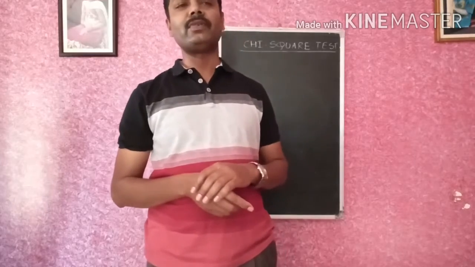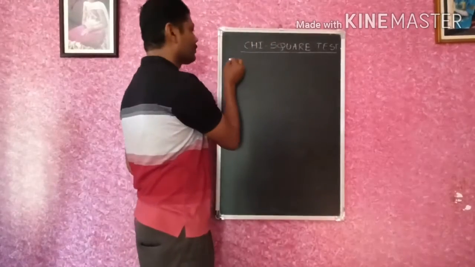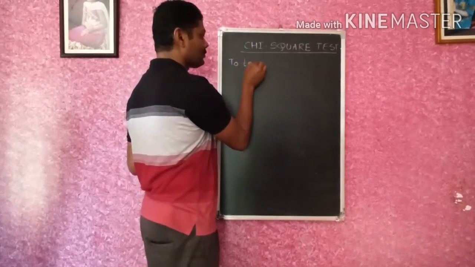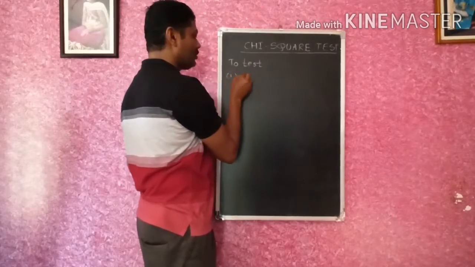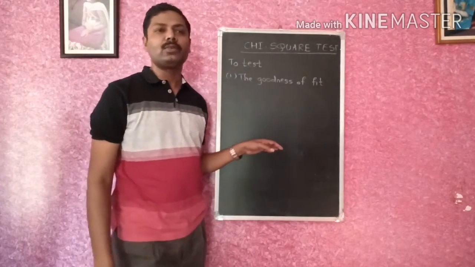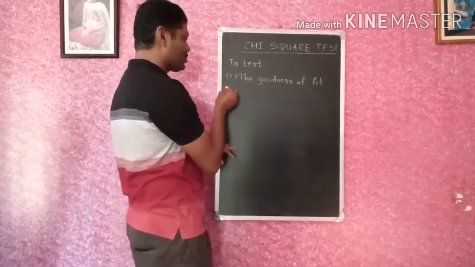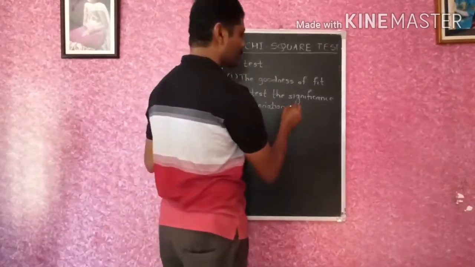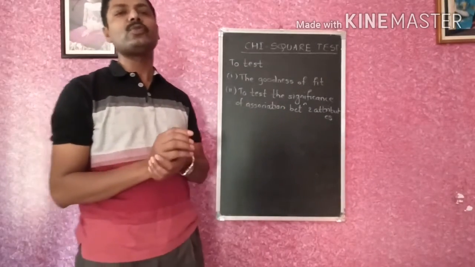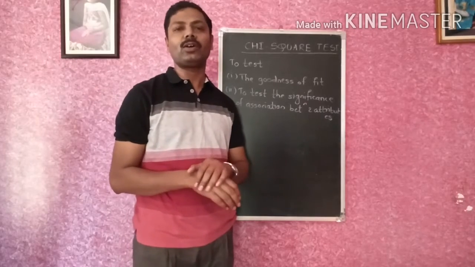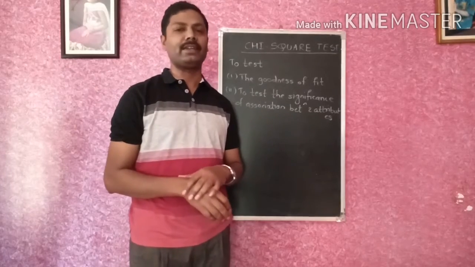It can be used to make comparisons between theoretical populations and actual data when categories are used. This is very useful for all researchers to test the goodness of fit, to test the significance of association between two attributes. It is also useful to test the homogeneity or the significance of population variance.